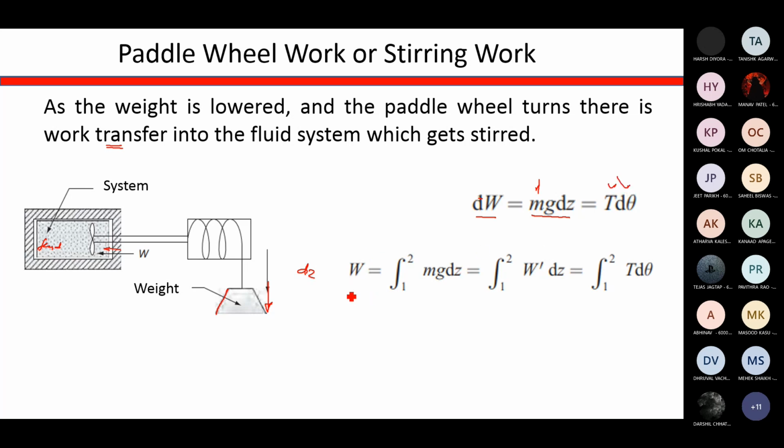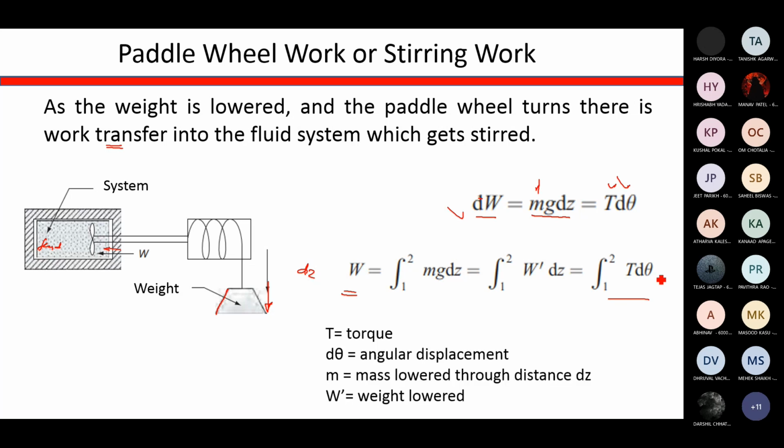So you can find out the total work W as integral of this dW. So finally you will get this expression. So W is integral of 1 to 2 of T into d theta. So this W dash is nothing but this term, the weight which you are lowering.